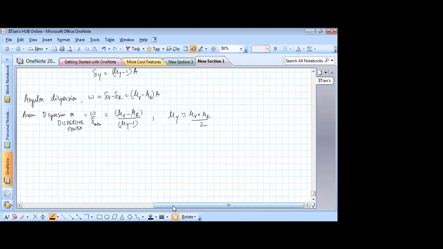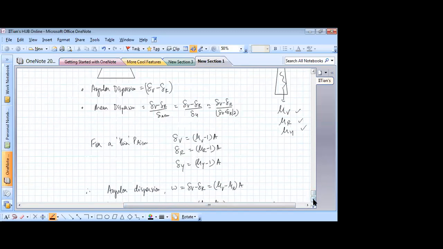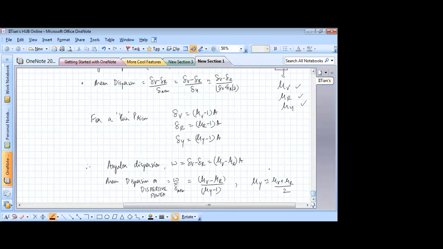So in our formula-based questions, this becomes the important part. These two formulas. This one and this one.